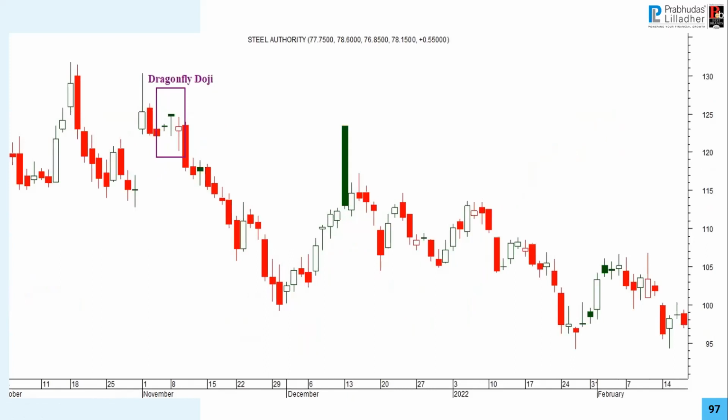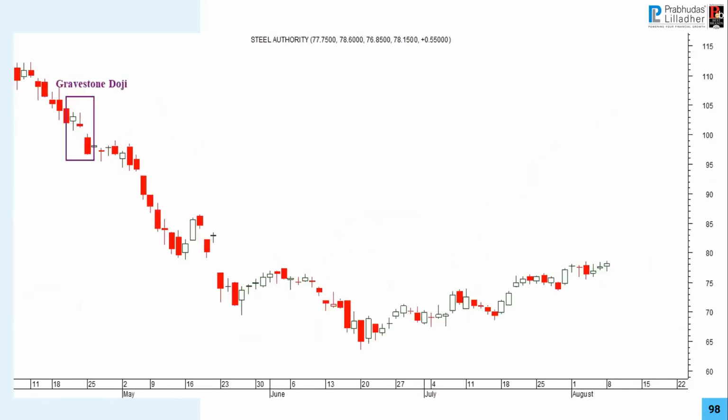Another one over here at the top of the rally is a dragonfly doji, whereby the open and the high are at the same level and the stock goes down, but the bulls attempt to get the price higher, and then it is followed by a spinning top. And that is where we see that the stock is ready for a fall.